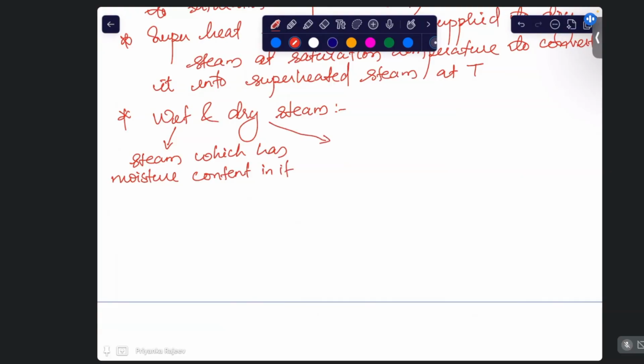Now, dry steam means steam which does not have moisture content.